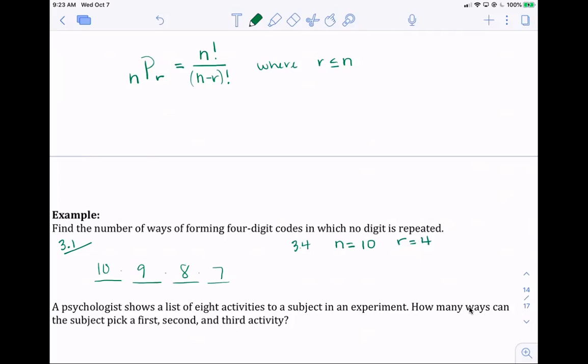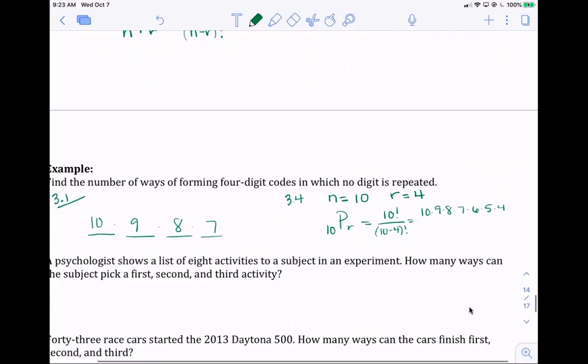Okay, and since our order matters because no digit is repeated, we're going to do 10 permutation 4, which equals 10 factorial divided by 10 minus 4 factorial. Well, 10 minus 4 is 6. So we have 10 times 9 times 8 times 7 times 6 times 5 times 4 times 3 times 2 times 1, all over our 6 factorial.